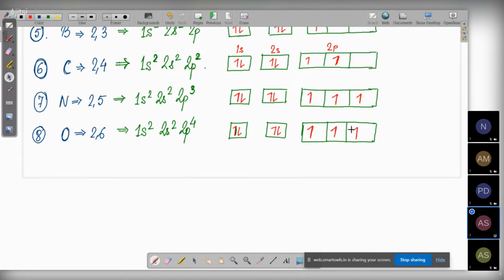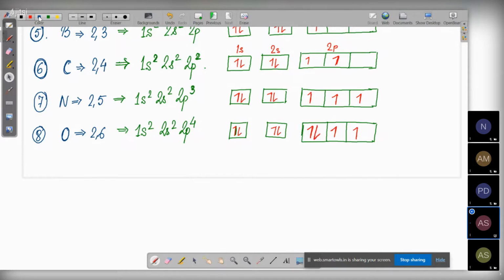Now all the rooms are filled with single occupants, all the orbitals have a single electron. So where will the fourth electron go? Now nothing to do, it has to pair up. So the fourth electron will come here.